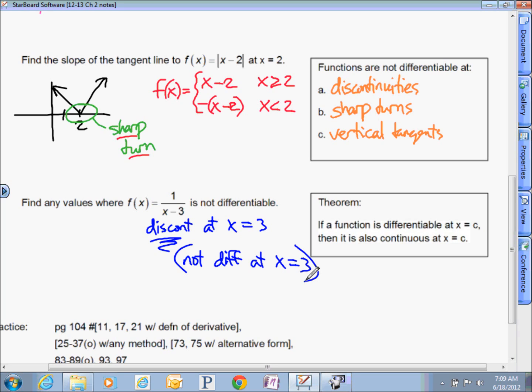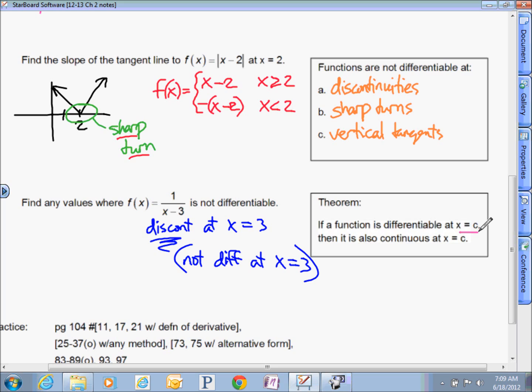So that's kind of the way we're going to look at it. Now, in this little theorem over here, if a function is differentiable at x equals c, meaning it's differentiable at an x value, then it has to be continuous there. So if you are given, for whatever reason, that the value of the derivative at x equals 12 is some number, that must mean the function is also continuous at that number.